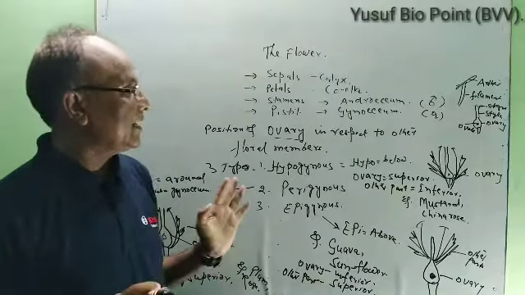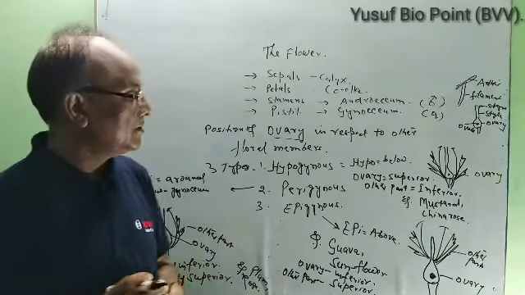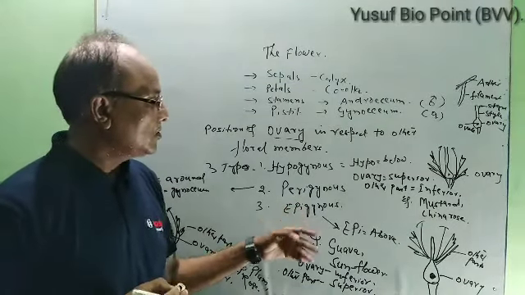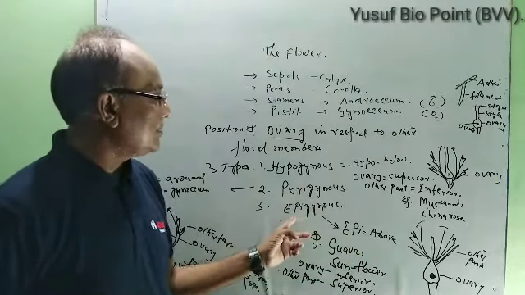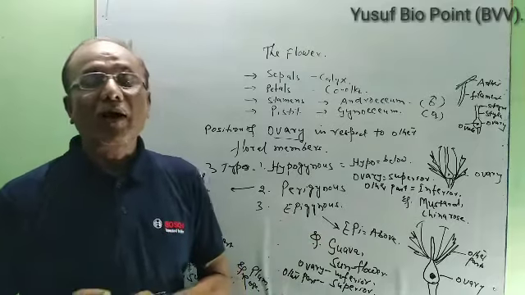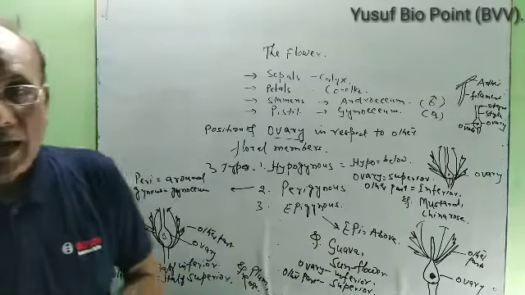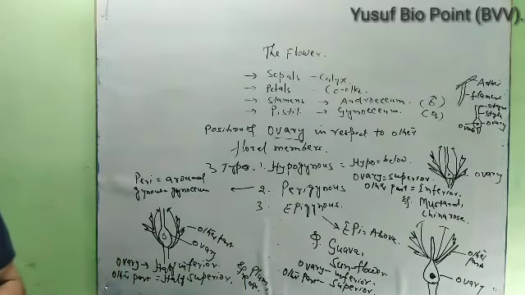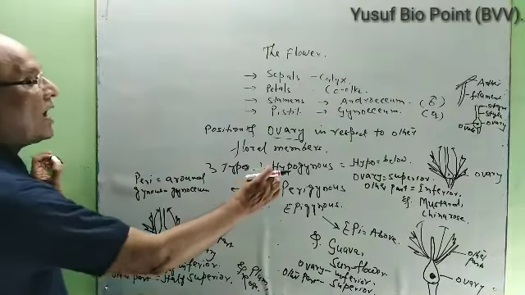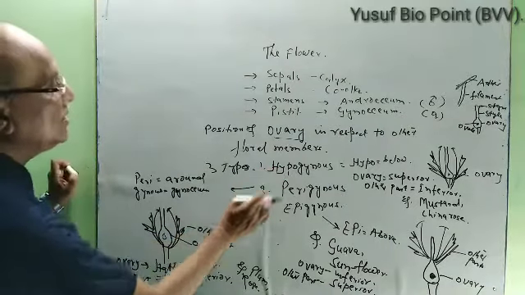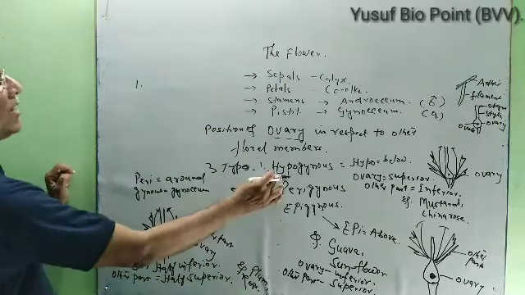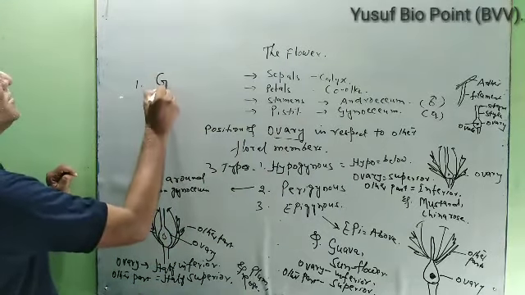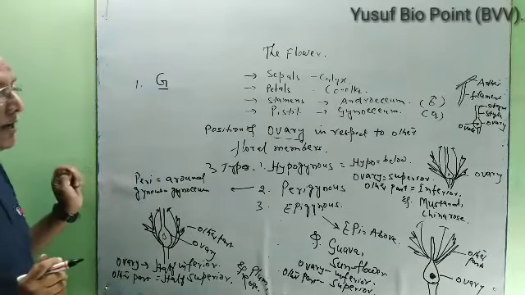So we see that there are three positions. One is hypogynous, one is perigynous, and next one is epigynous. While we study about this, there is a symbol for each. For hypogynous, the symbol will be G underlined.